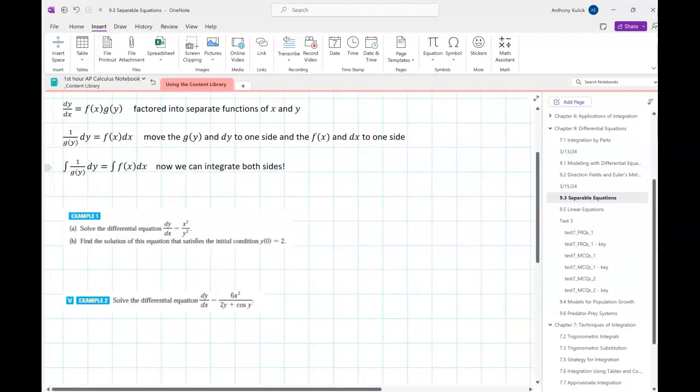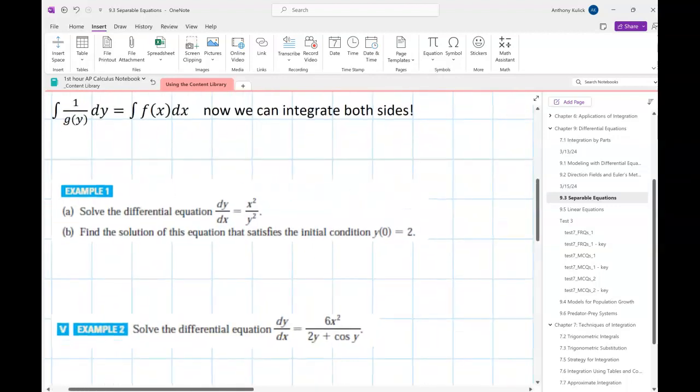Yeah, Euler's method is an approximation technique to solve a differential equation. It would be a BC topic that I chose to omit just because we're looking like we're going to run short on time to get this done before spring break. Maybe we circle back after spring break and take 20 minutes somewhere to talk about what that looks like. But all right.